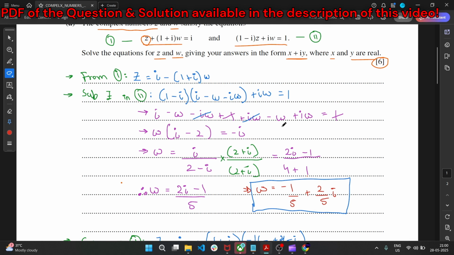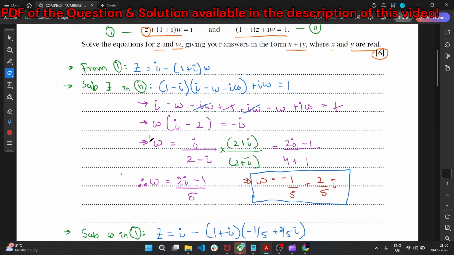Now, after this, I realized that in order to solve for W, I just need to take W as a common factor. That is what I've done over here and sent everything else to the right hand side. After that, this is the step where I ended up and said that my W is equal to this. But now currently it's not in the format of x plus iy because there is an extra complex number in the denominator. So to eliminate that, what do we do?